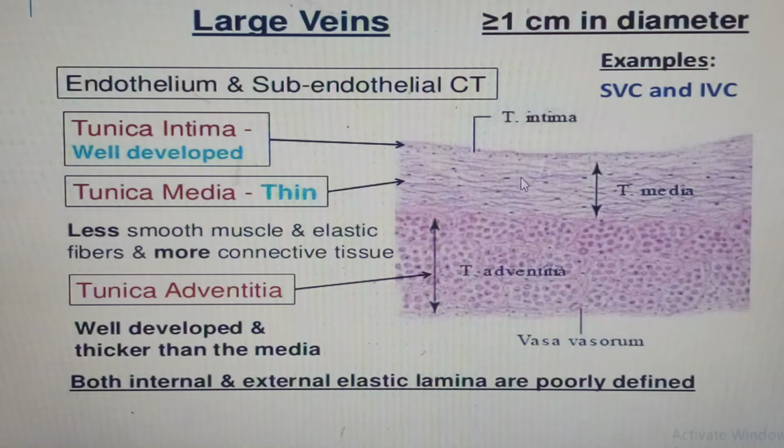Collagen fibers will be there with few elastic fibers, forming what we call this tunica media. Then we have a very thick tunica adventitia. So tunica adventitia is well developed in this case. But as I indicated, yes, both internal and external elastic laminae are essentially inconspicuous.